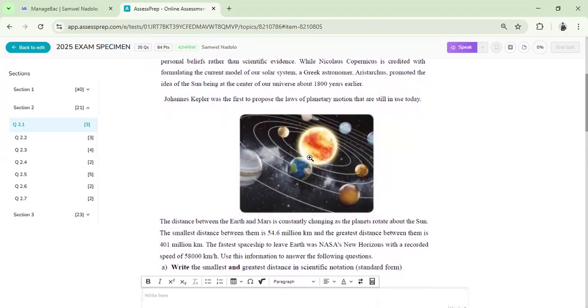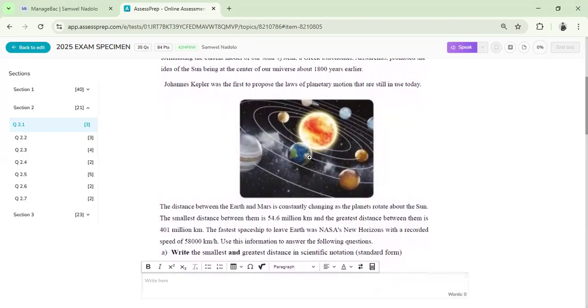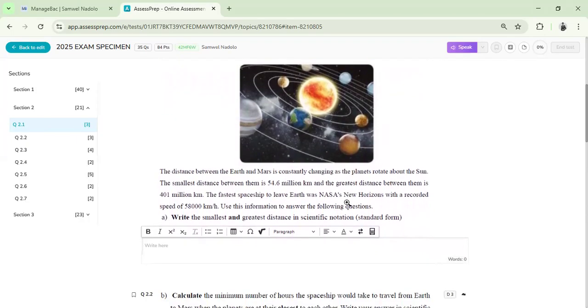Johannes Kepler was the first to propose the laws of planetary motion that are still in use today. The distance between the Earth and Mars is constantly changing as the planets rotate about the sun. The smallest distance between them is 54.6 million kilometers, and the greatest distance between them is 401 million kilometers.